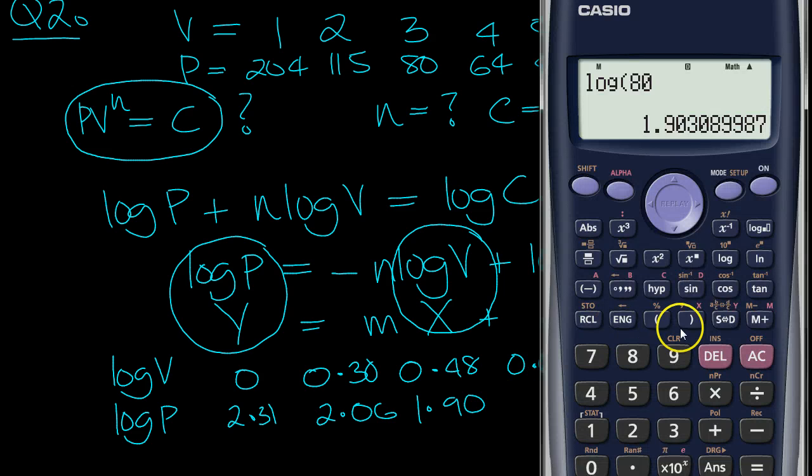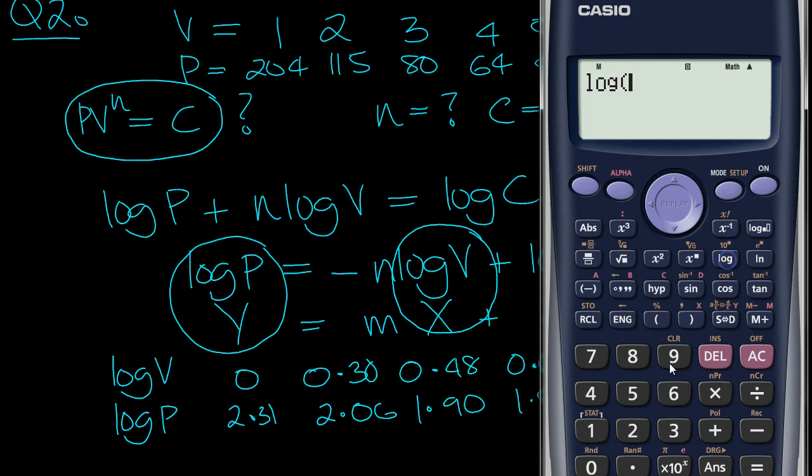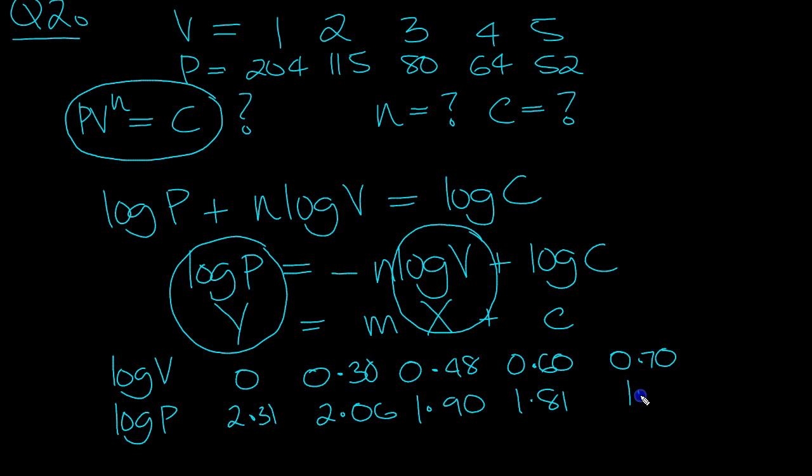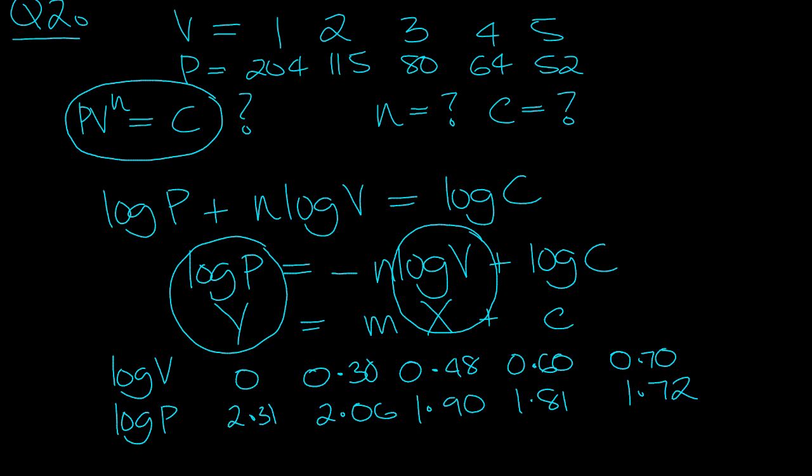And then log 64, 1.81. And then it's log 52, the last data point, 1.72. Yeah, 72. Okay, that's what we need to plot.